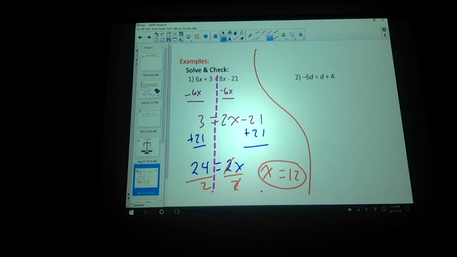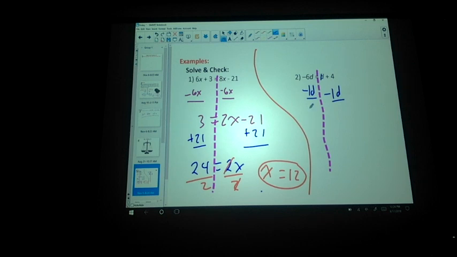Problem number 2. We're using the variable d. I would like to get d to move over. So is this the same thing as 1d? So I'm going to subtract 1d from this side. I'm going to subtract 1d from this side.